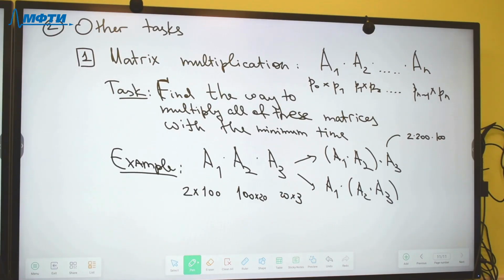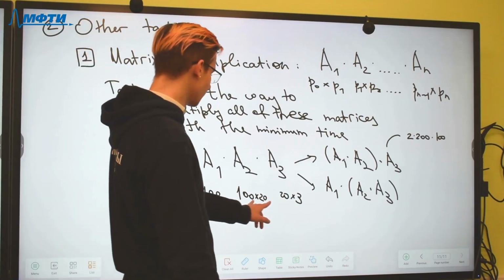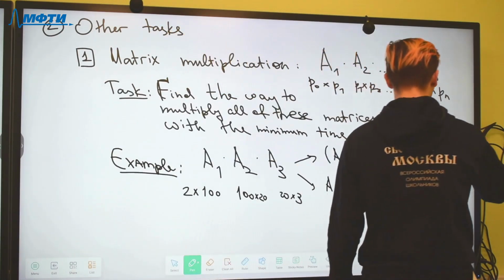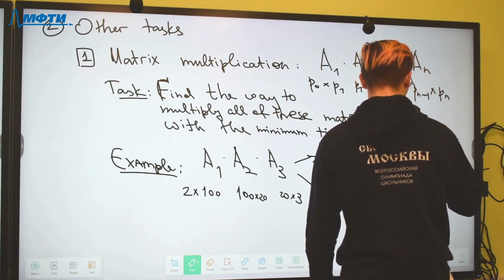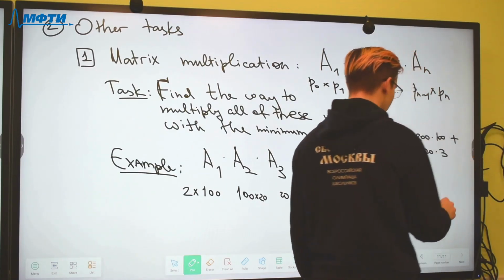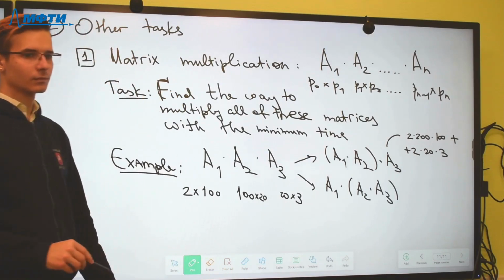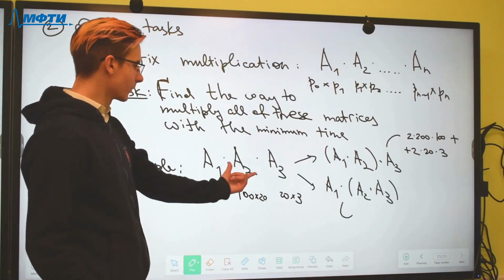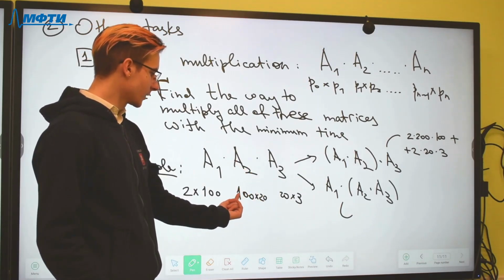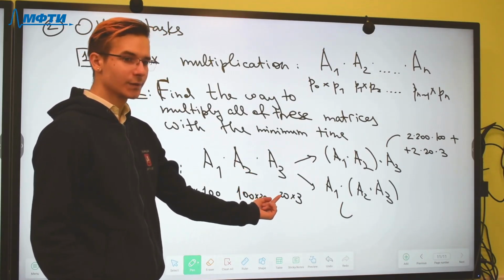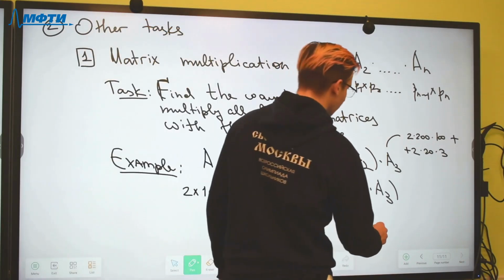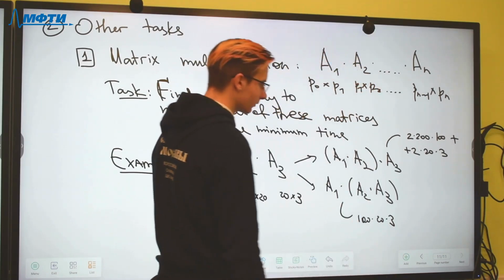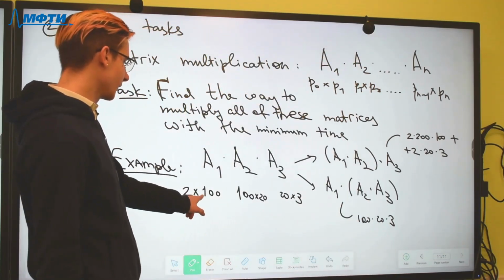And then we multiply matrix 2, 20, 3. In this way, firstly, we multiply these two matrices, and we spend 100 multiplied by 20 multiplied by 3. And then we multiply these two.